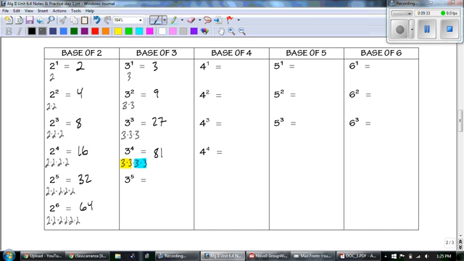Okay, and then the last one is 3 times 3 times 3 times 3 times 3. I don't know if you want to go off to the side and try to do it this way. Yeah, that's old school. 3 times 1 is 3, and then 3 times 8 is 24. So we get 243.